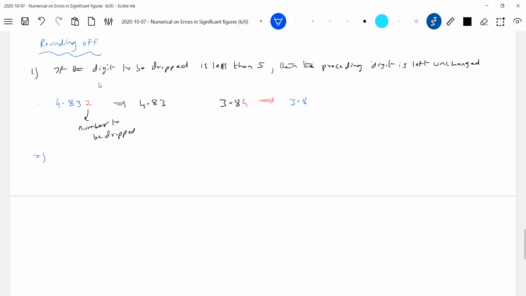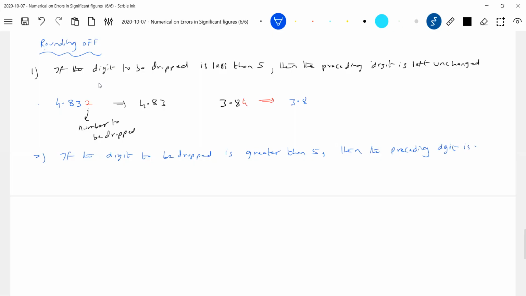If the digit to be dropped is greater than 5, then the preceding digit is raised by 1.